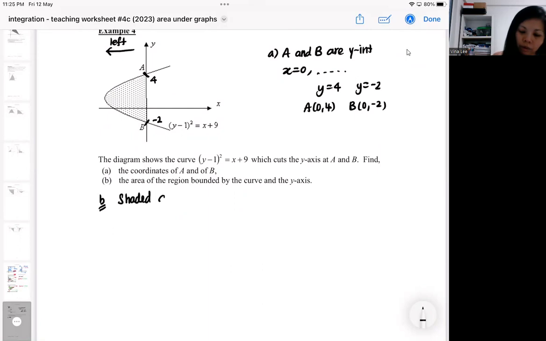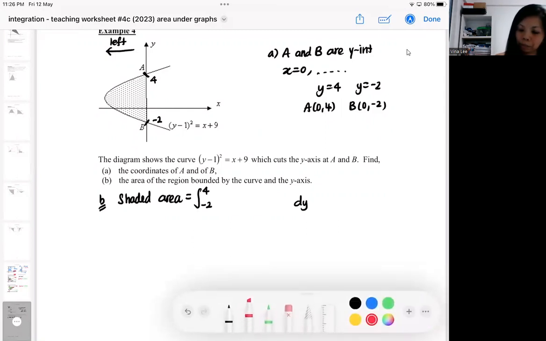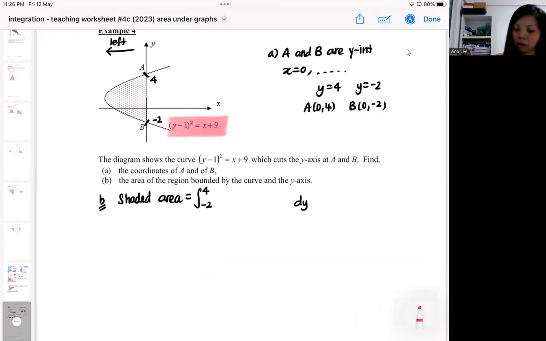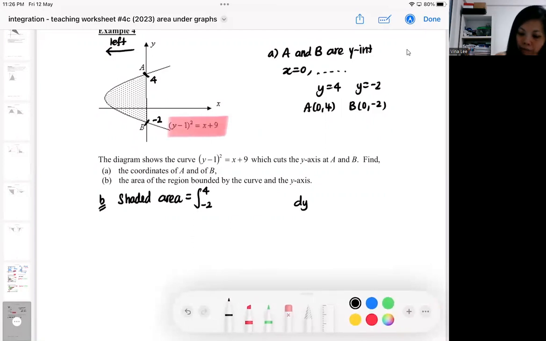I'm going to integrate using the y coordinate, so the limits will be from -2 to 4. I'm using the y coordinate, so it will be dy. I have this part that I've got to manipulate. I've got to make x the subject.